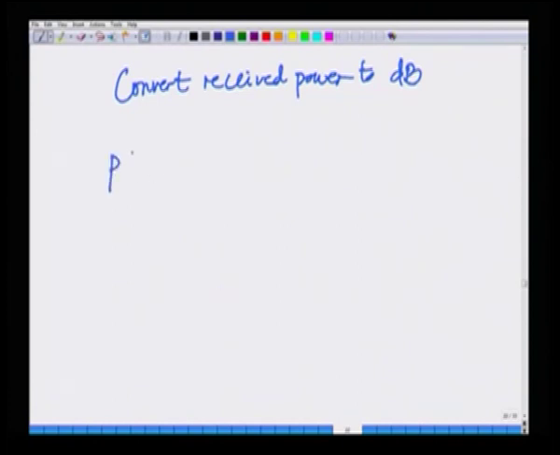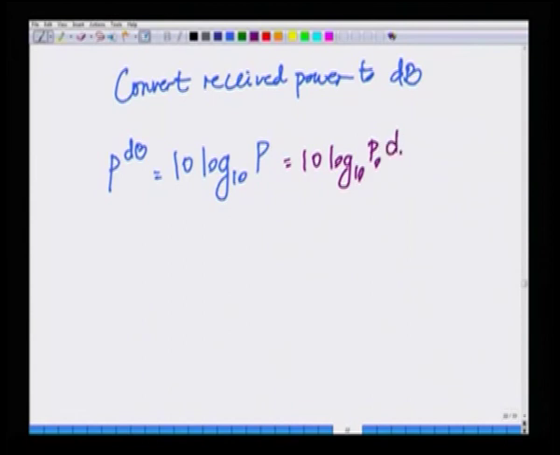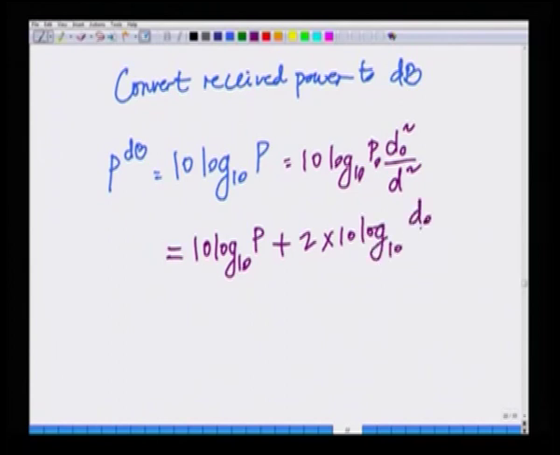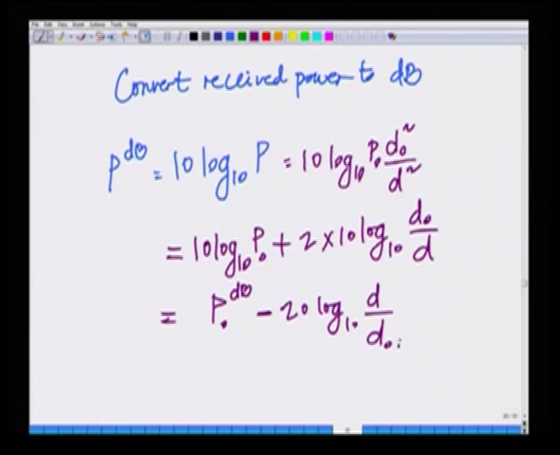We have P in dB, which is 10 log 10 P, equal to 10 log 10 of P naught d naught square divided by d square, which is essentially 10 log 10 P naught plus 2 times 10 log 10 d naught by d, which is the reference power P naught in dB minus 20 log 10 d by d naught.